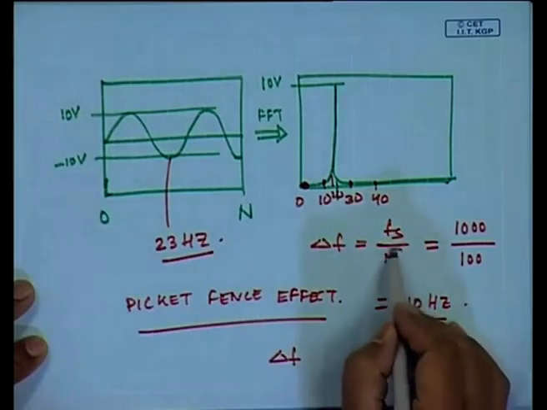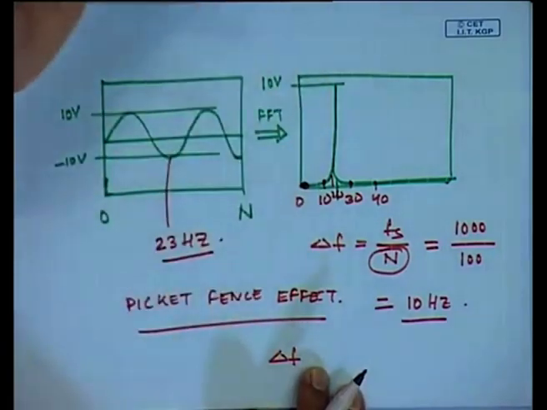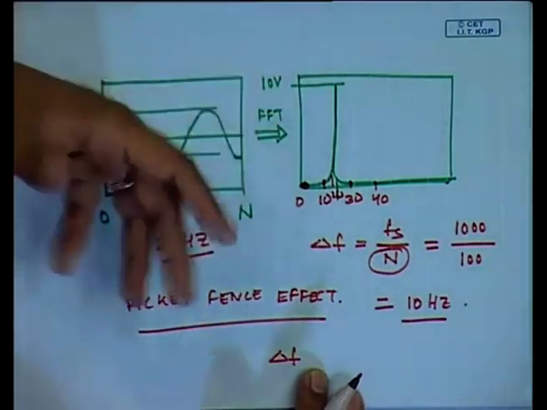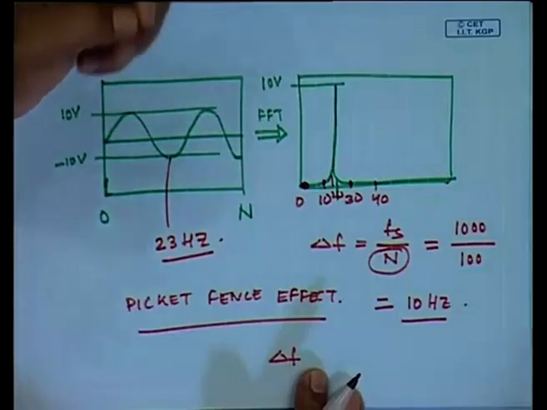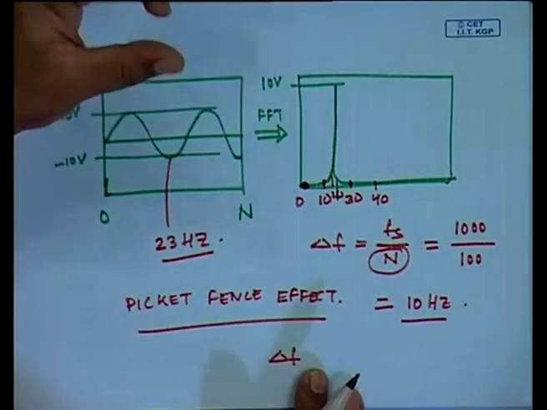That can be done by increasing the number of blocks of data, the number of lines of FFT. Same signal, if you do an analysis with different blocks of data or lines of FFT, you will sometimes get a sharp peak, sometimes you will not get a sharp peak. So, whenever you are looking for unknown frequencies, it is a good rule of thumb to have a finer resolution.